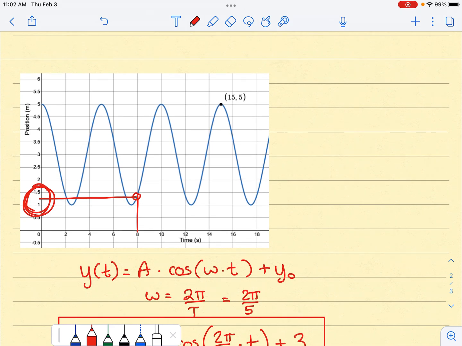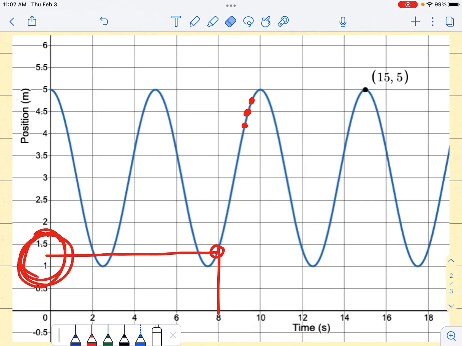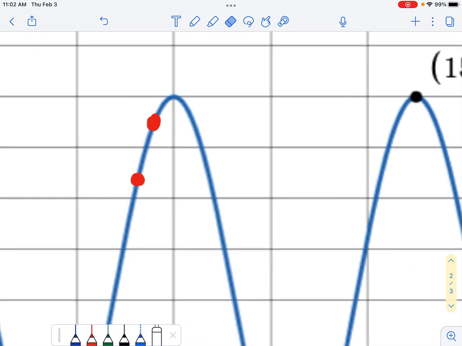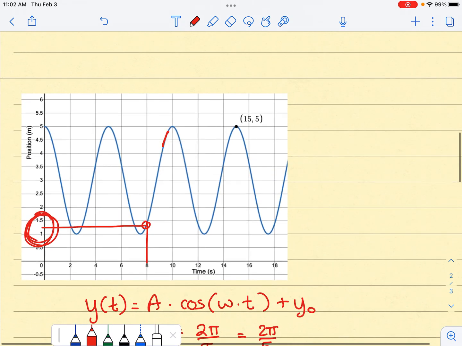Okay? You could also do things like figure out the velocity. If you want to know what the velocity is at a point, right here, you can find the position right before it and the position right after it. And then you can find the equation of the line from here to here. Remember, if you're graphing position versus time, the slope of the line is going to give you the velocity.